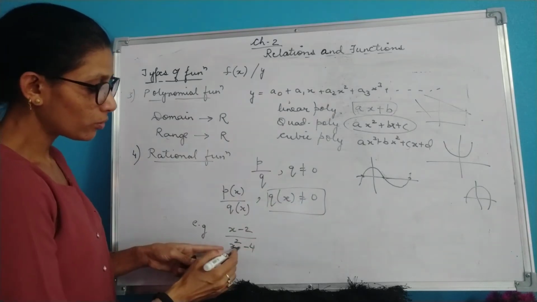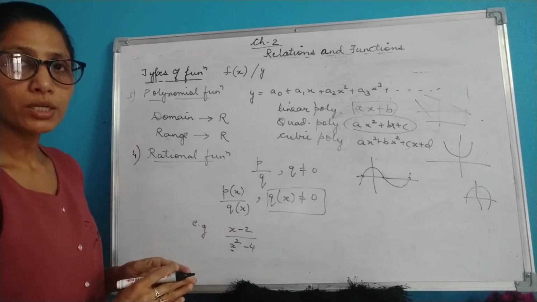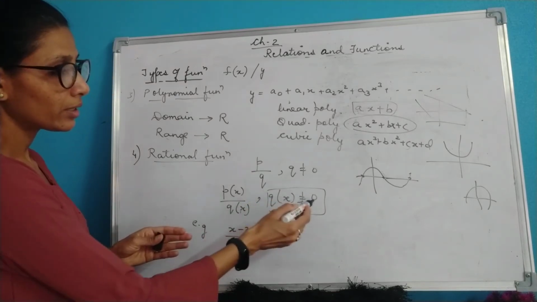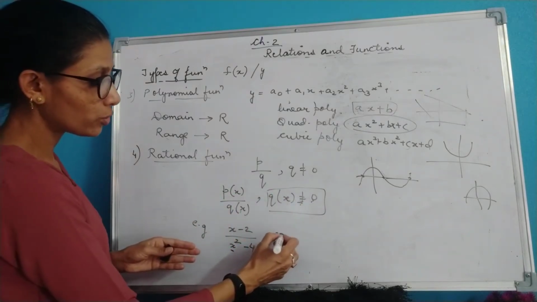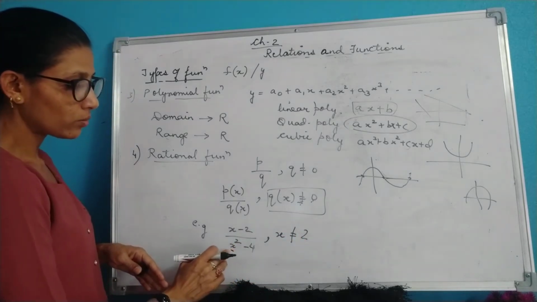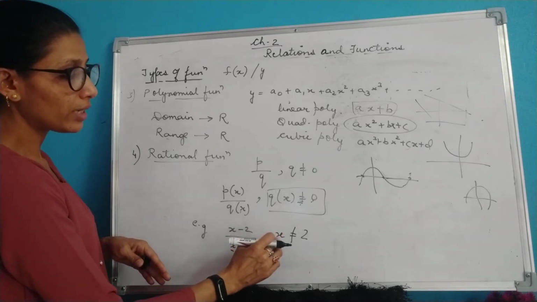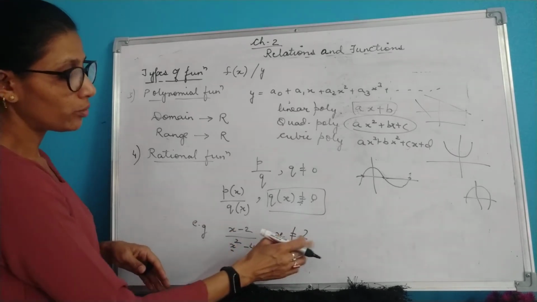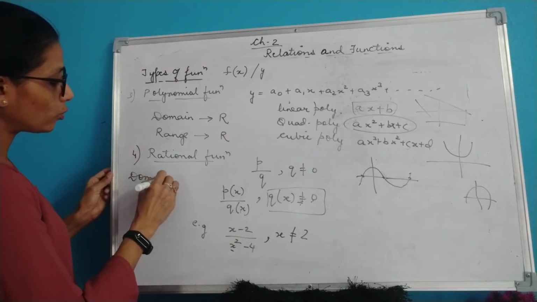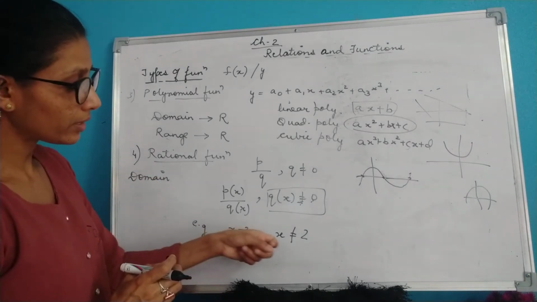So for what value of x is this coming out to be 0? For x equal to 2 it is coming out to be 0. But we should always avoid the denominator being 0. So here I should not be taking x equal to 2, because on putting x equal to 2 you are getting the denominator as 0. So here it should be defined that x should not take the value 2. So what can we say about the domain? Domain, that means I can have any value of x except this.